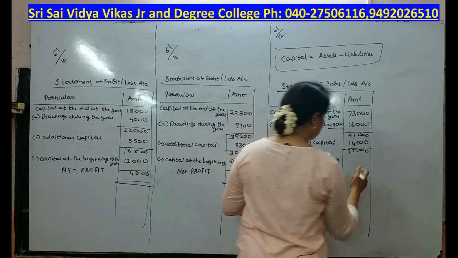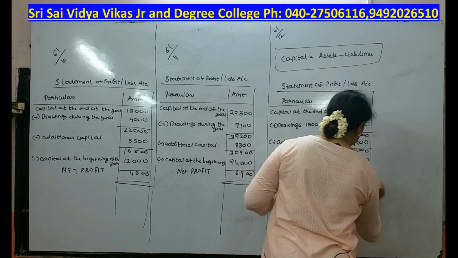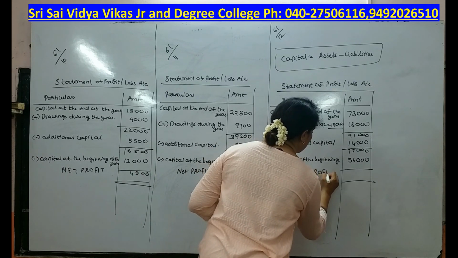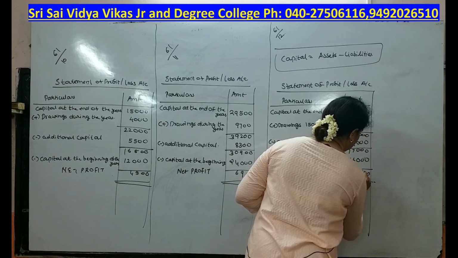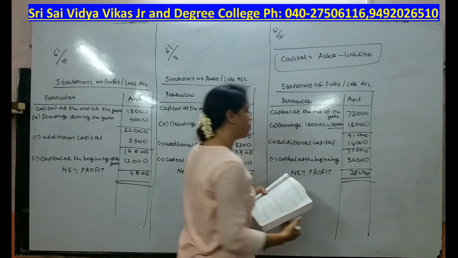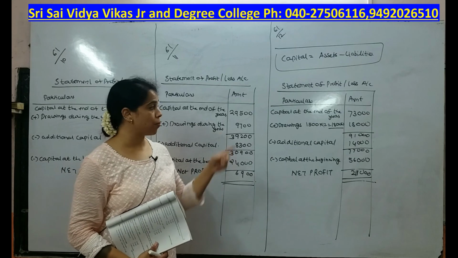What is the capital at the beginning? 56,000. Again here we are getting the answer positive, so we will write net profit. How much? I'm sorry, 21,000. Net profit will be rupees 21,000. This was problem number 12.